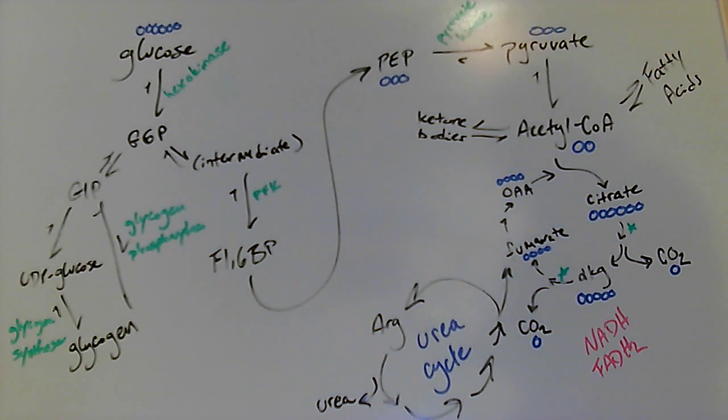The lysis at the end just means that you're breaking down glycogen. So those branches off, you can think of as intersections, like you would find in central London.